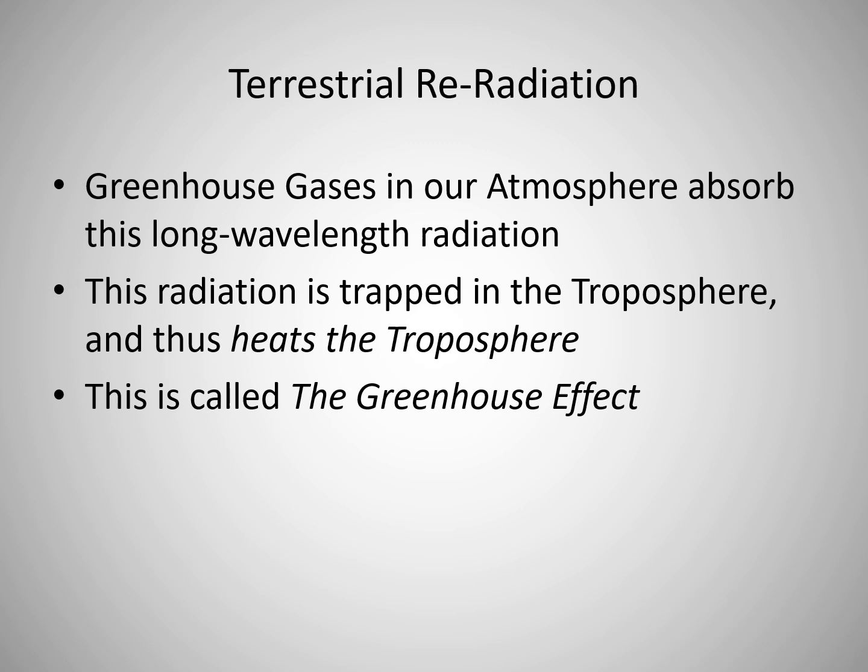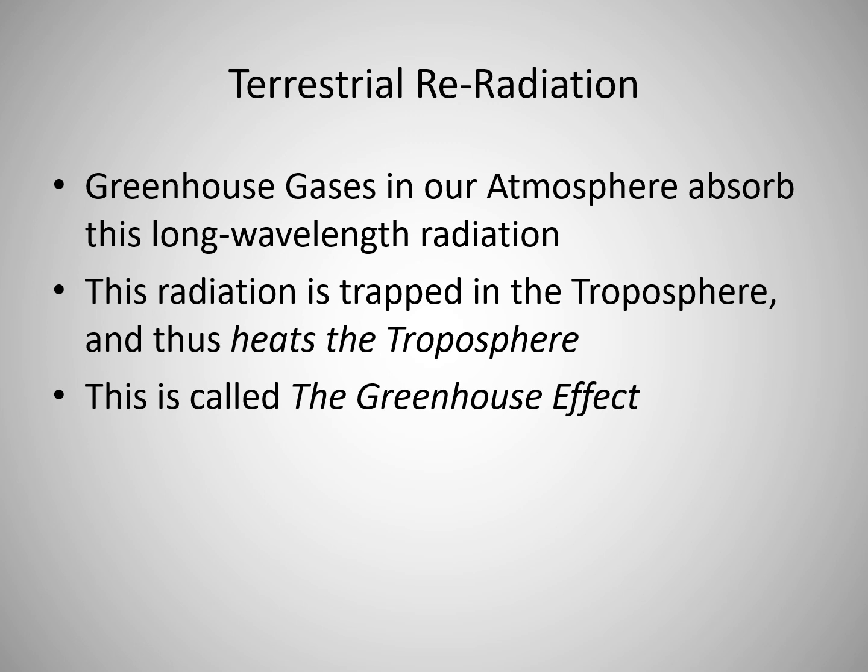So this terrestrial re-radiation gets trapped in the troposphere and heats the air around us. It's referred to as the greenhouse effect, and this is not actually how a real greenhouse works. We don't have time for that, but that'd be an easy Google search to find out how an actual greenhouse works. But that's what we call it. We call it the greenhouse effect, and it is the greenhouse gases that trap in this heat.